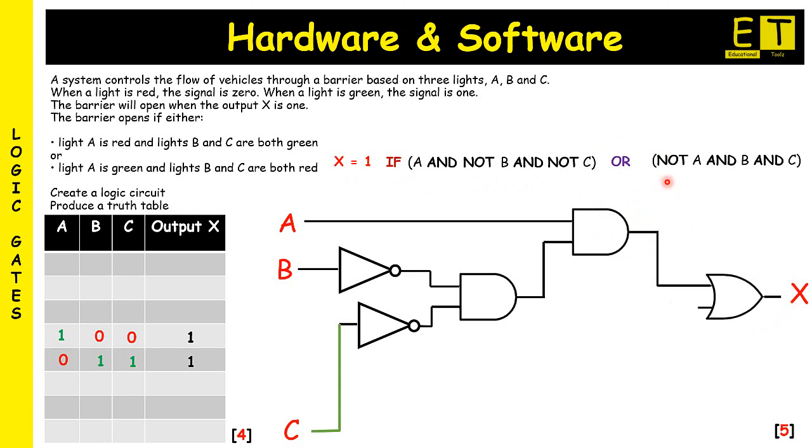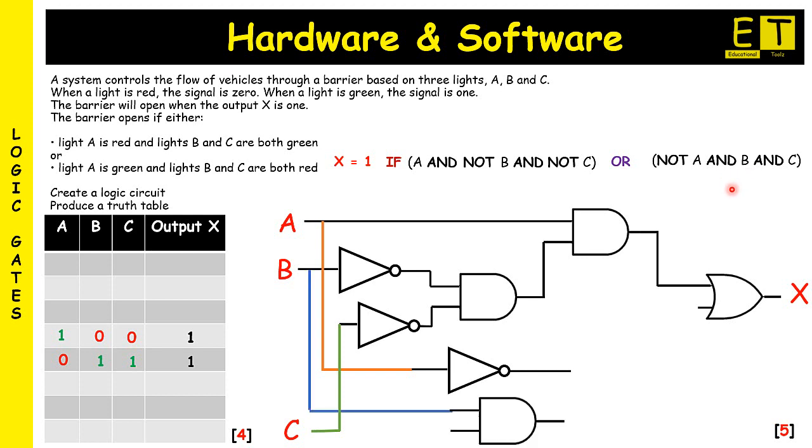Now looking at the next part here, not A and B and C. We can see here, A will be going through a NOT gate, so as you can see in the logic circuit diagram, not A. Then we've got B and C, so B going through an AND gate and C going through the same AND gate.